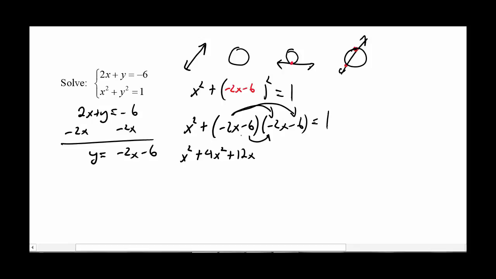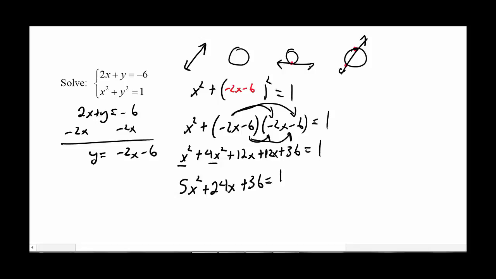And then down there we get negative 6 times negative 2x is also 12x, plus 12x. And then negative 6 times negative 6 is positive 36. Of course, equals 1. And let's see, like terms, I see x squared and a 4x squared, so I get 5x squared. Oops, I dropped an x there. Plus 24x plus 36 equals 1.